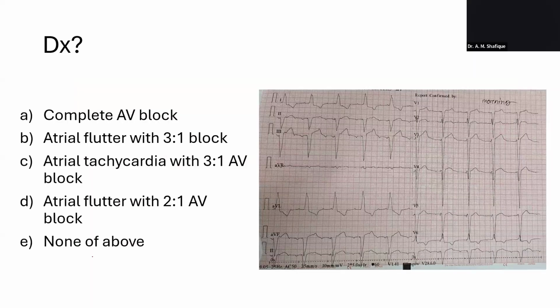So what could the diagnosis be? It's a complete atrioventricular block, atrial flutter with 3:1 block, atrial tachycardia with 3:1 AV block, atrial flutter with 2:1 AV block, or none of the above.